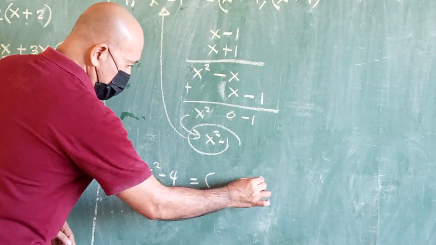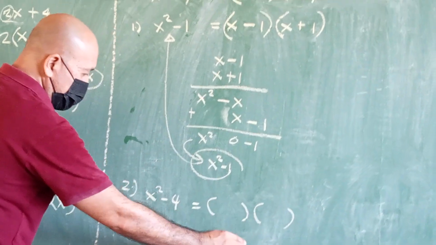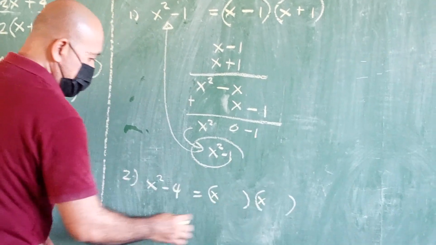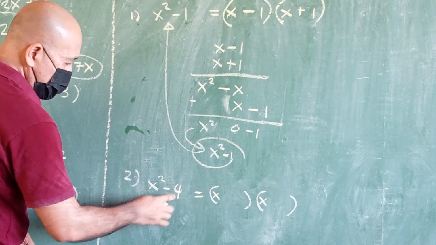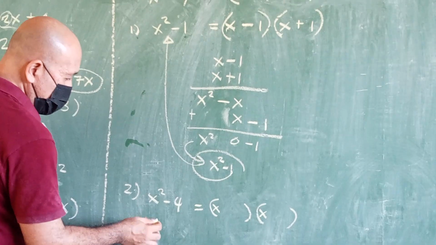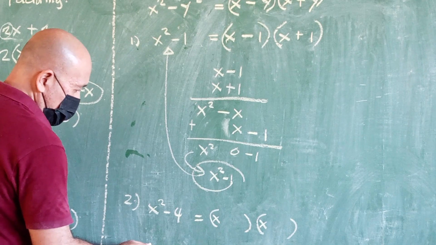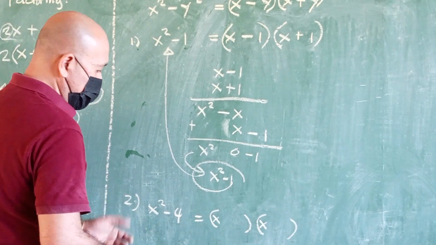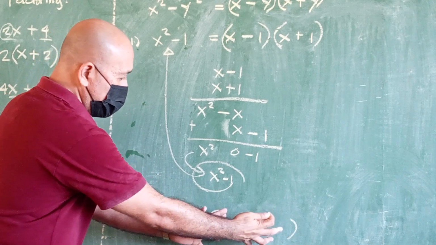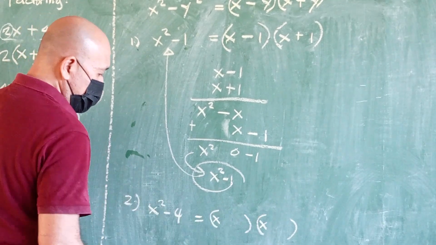Okay, just simply follow again, class, the technique. If it is a difference of two squares, the resulting factors are a product of two binomials, just distribute x and x. And then the factor of 4, which will give you the resulting x squared minus 4 when you multiply these factors back to recheck if these are the required factors.